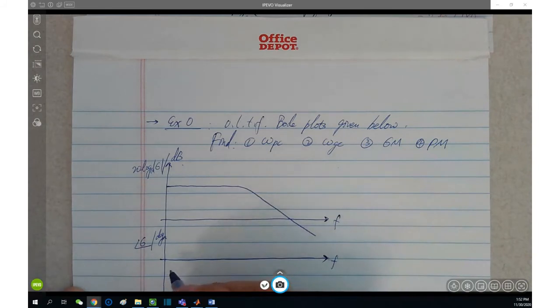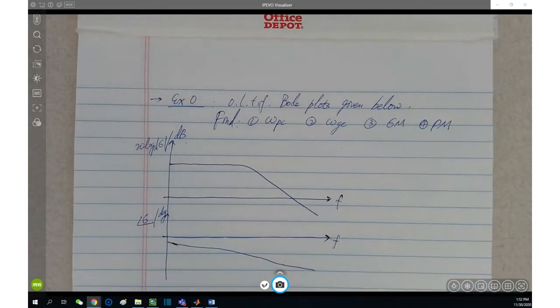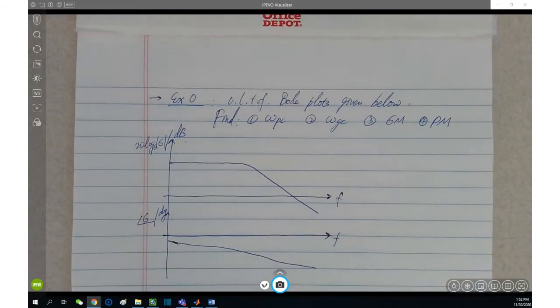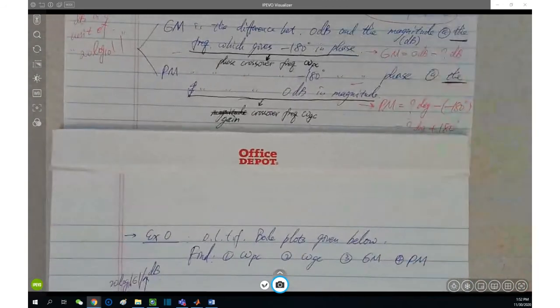And let's assume the phase Bode plot looks like this. I'm not labeling anything. However, let's go through this concept procedure and try to see how we can find two frequencies and two margins.